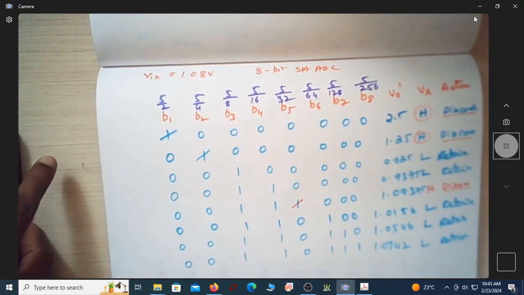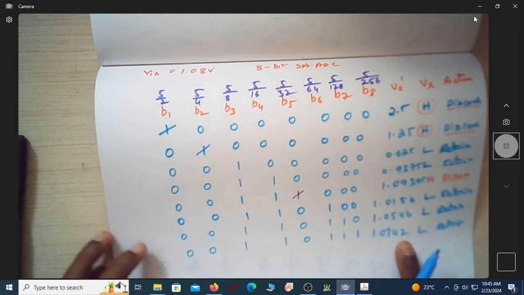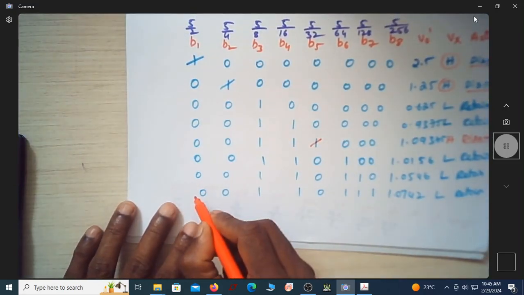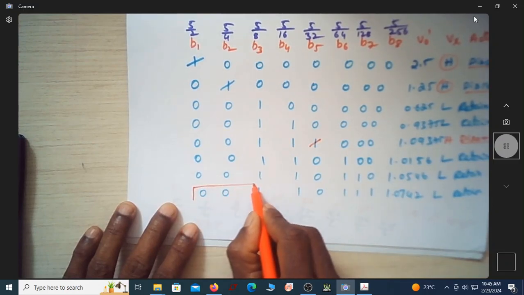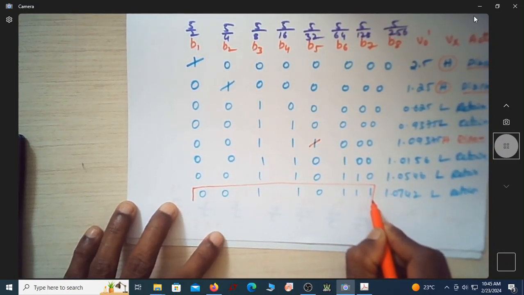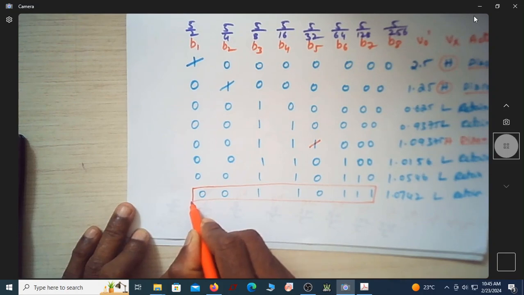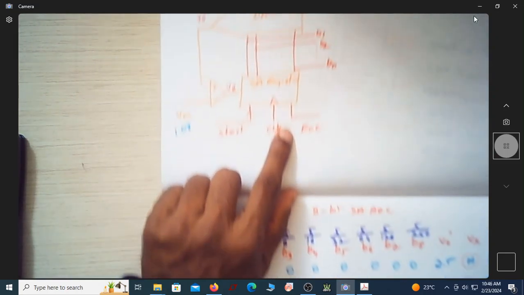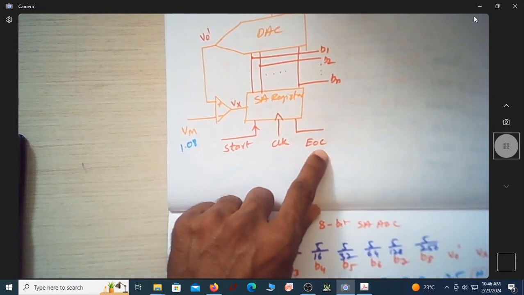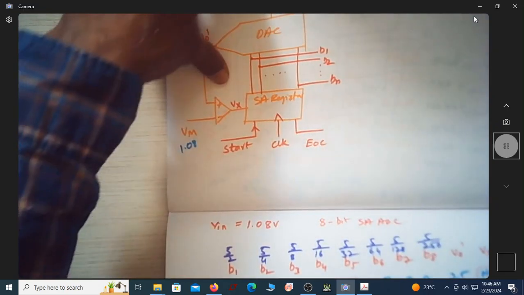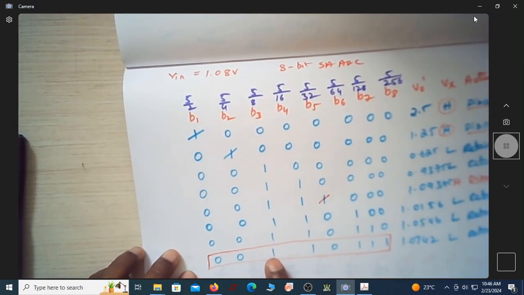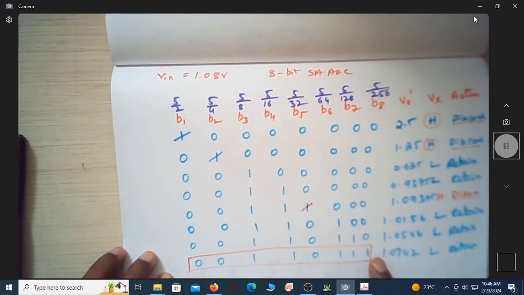But after retaining, you don't have any more LSBs available. So this is my final output. After all 8 bits are retained or discarded, your successive approximation ADC will give you an EOC signal, end of conversion. It gives the output 0 0 1 1 0 1 1 1.